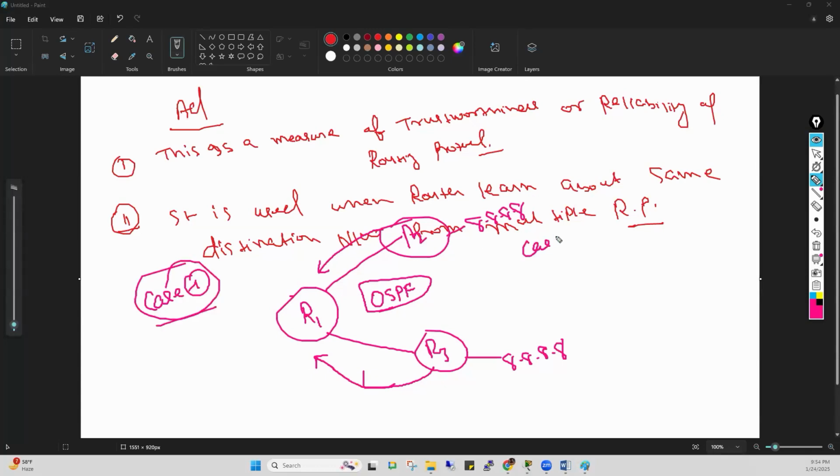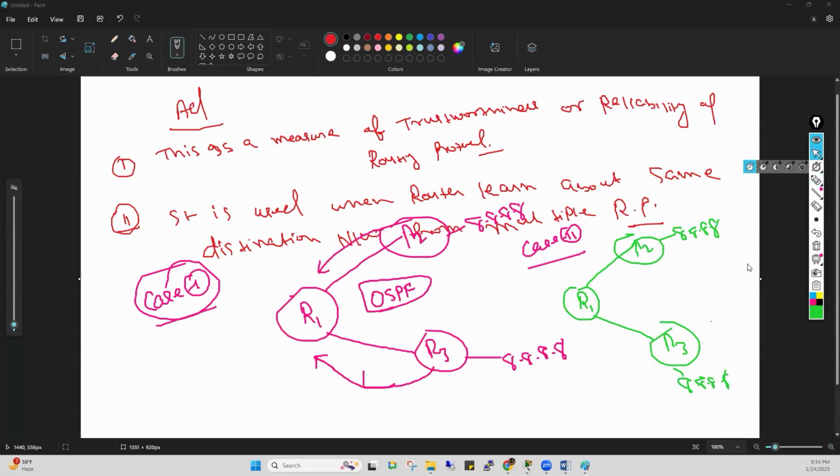See case number 2. Again router 1, router number 2, router number 3, and network 8.8.8.8. Now, for example, here you are using OSPF, here you are using OSPF, and here you are using RIP.